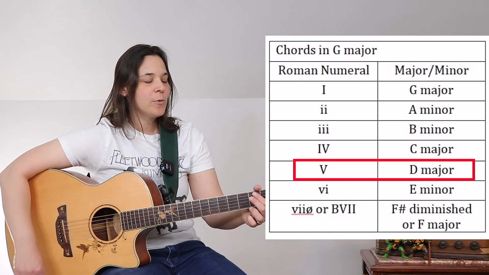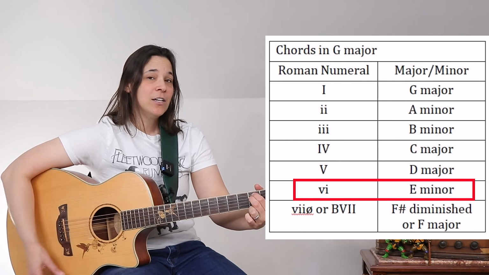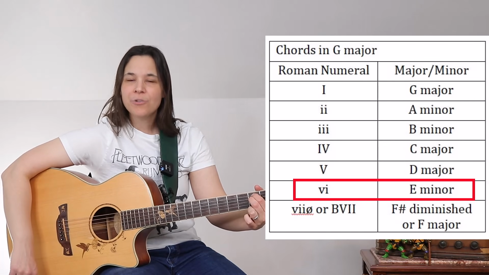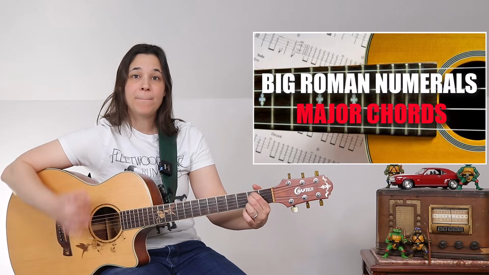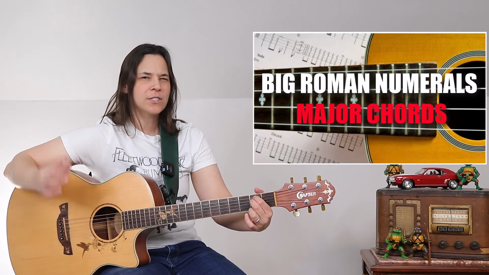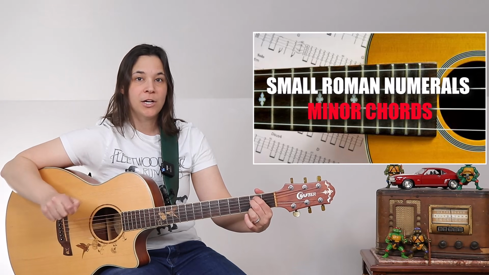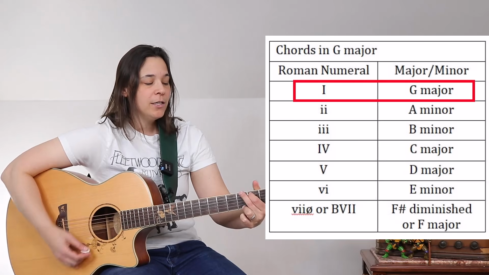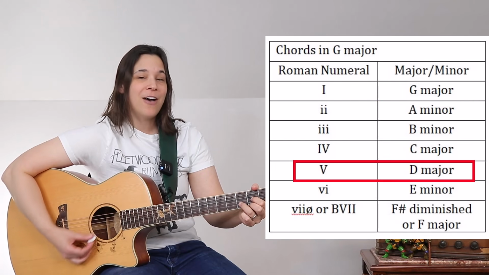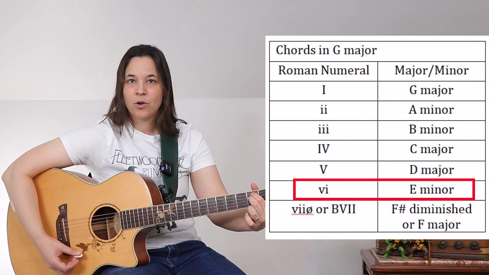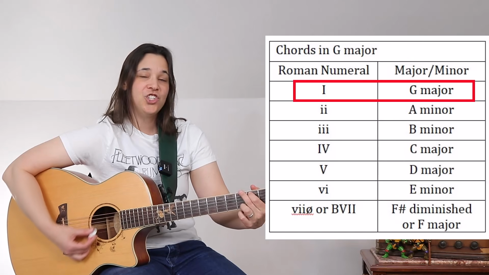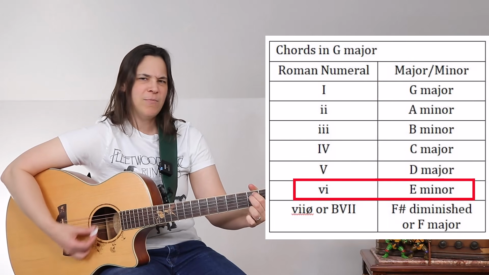We're also going to work with a lowercase 6, which represents our minor chord, E minor. So think big Roman numerals, major chords; small Roman numerals, minor chords. So we have the 1, 4, 5, 6 chords, and that's G, C, D, E minor. This way, when you see these Roman numerals, they're not confusing as we go through each example.